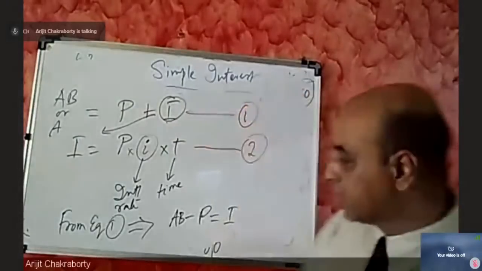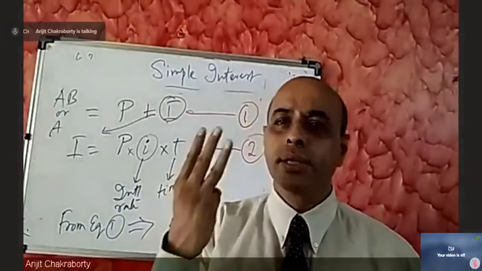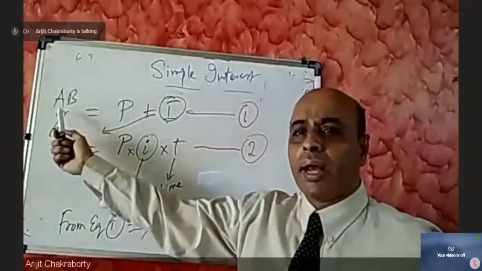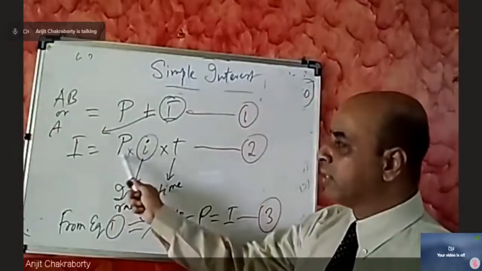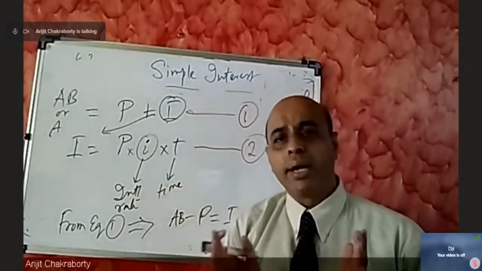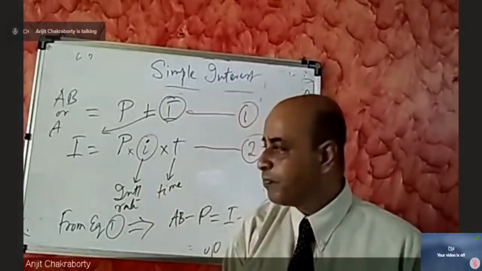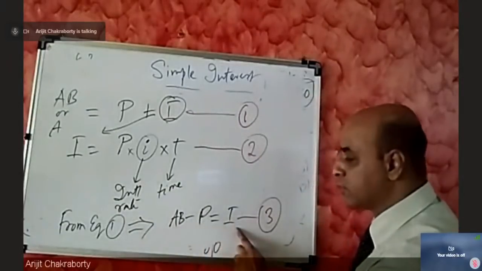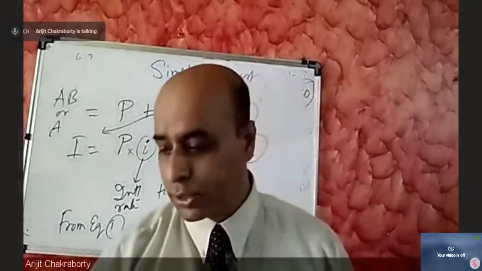So this is the third formula. You have to remember three very basic formulas in simple interest. Amount or accumulated balance is equal to principal plus interest. The interest is equal to principal into the interest rate into the time for which the money is invested, lent or borrowed. And the accumulated balance minus principal gives you the interest.